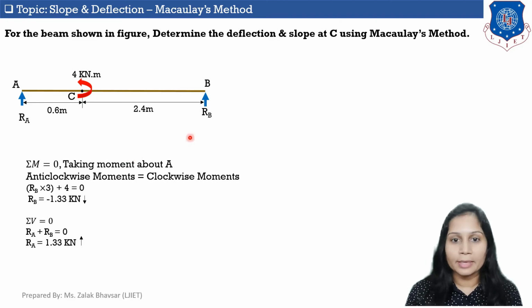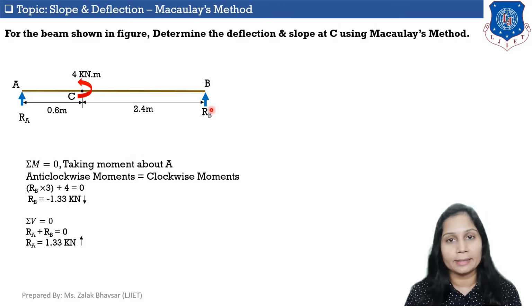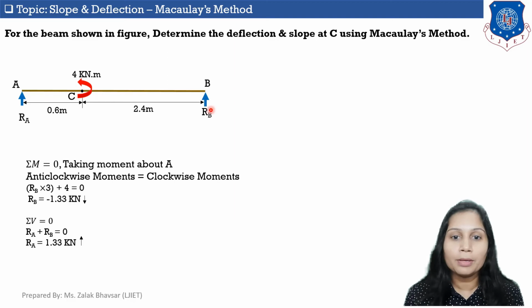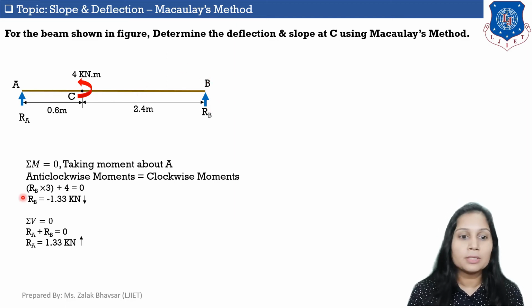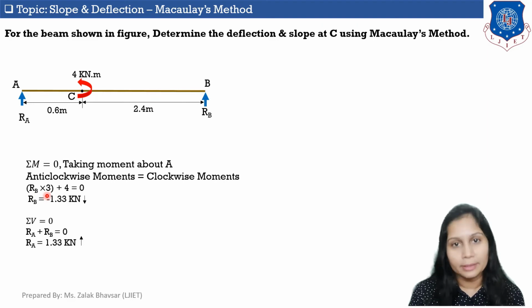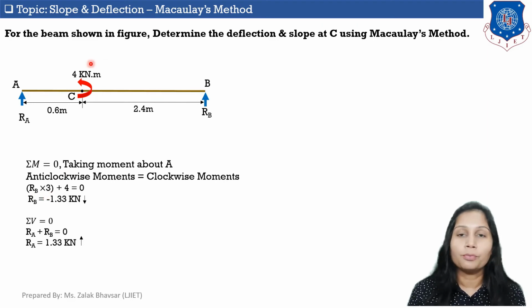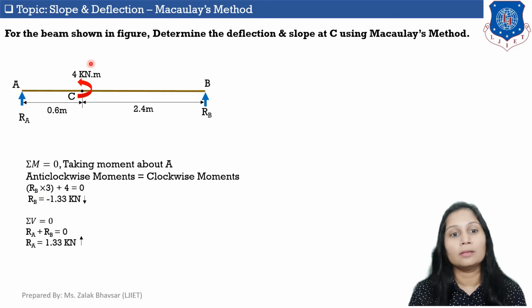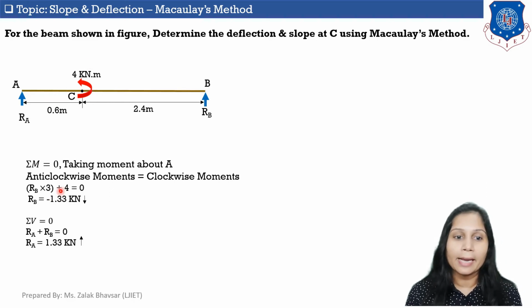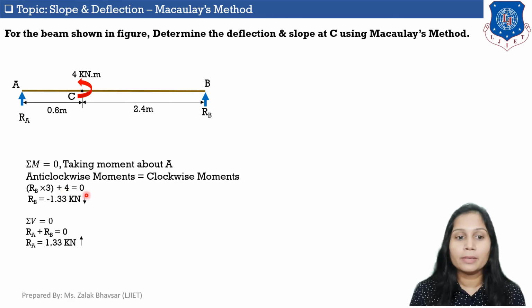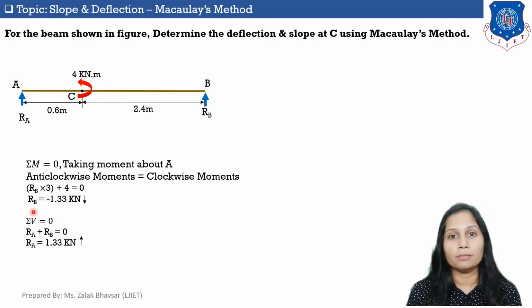So in our case, reaction RB, which is acting in upward direction, will make anti-clockwise moment about point A, which is equal to RB into 3. And this 4 kilonewton into meter, this moment is also anti-clockwise moment. So we are adding this moment here, plus 4 is equal to 0. So we get value of RB is equal to minus 1.33.